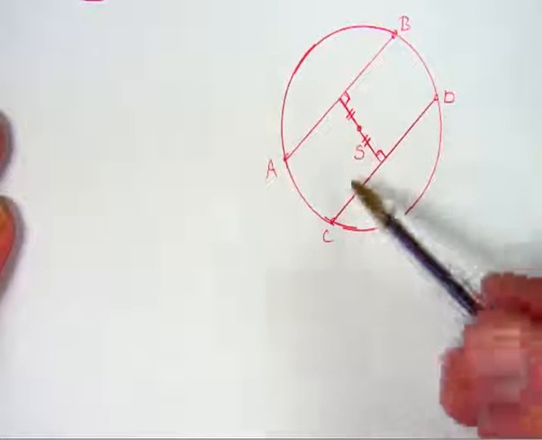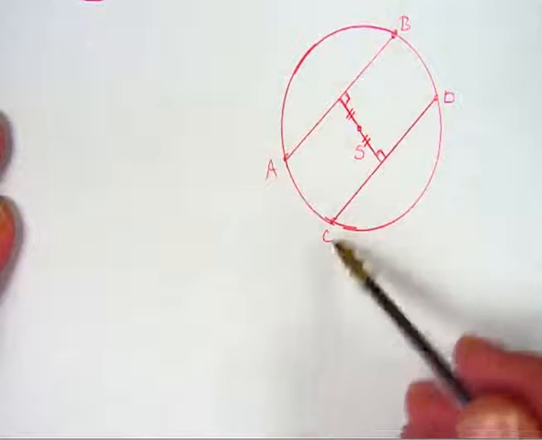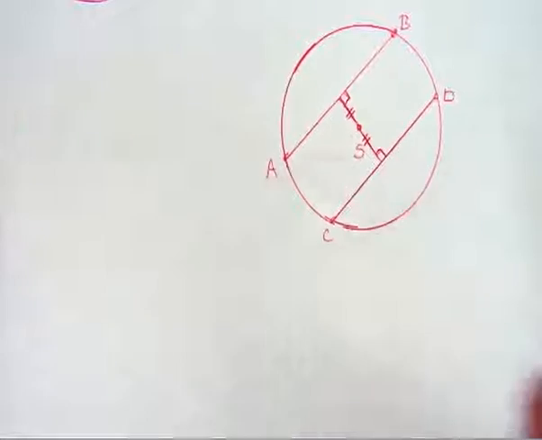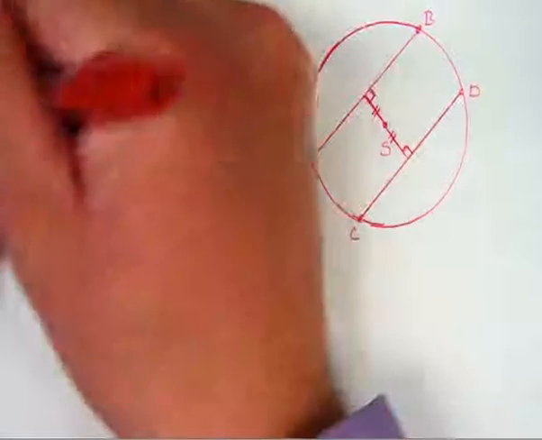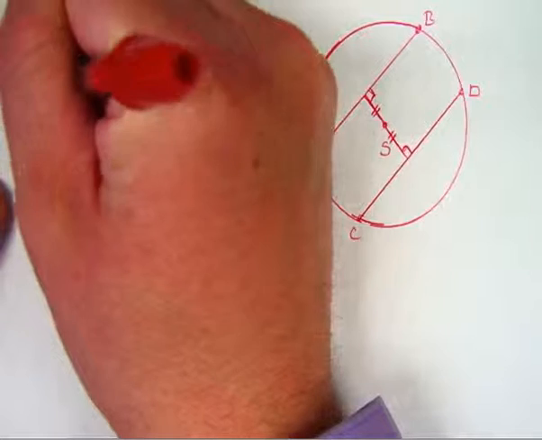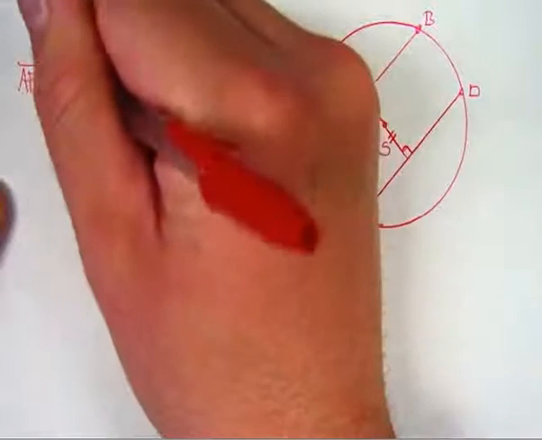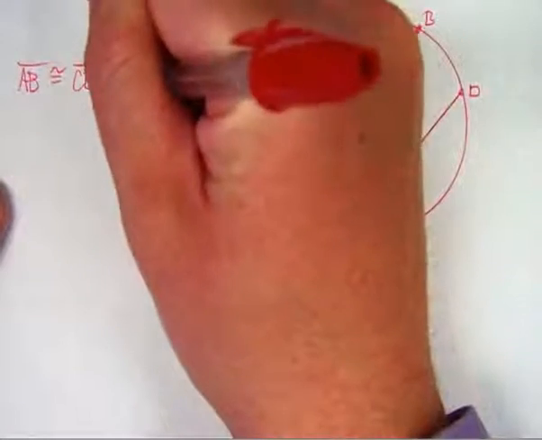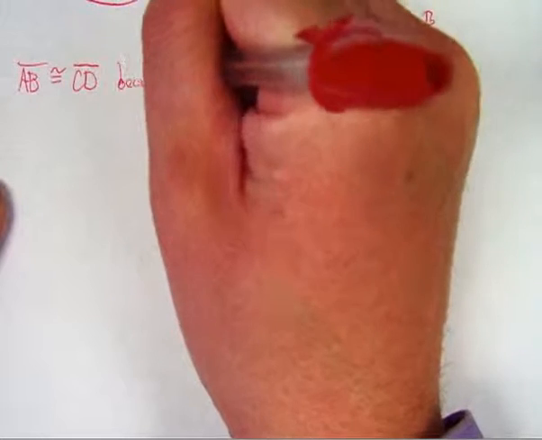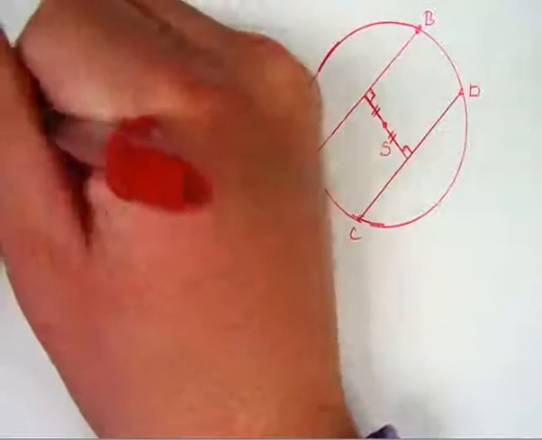When this happens, then these chords must be congruent. So over here I can say that chord AB is congruent to chord CD because they are the same distance from the center.